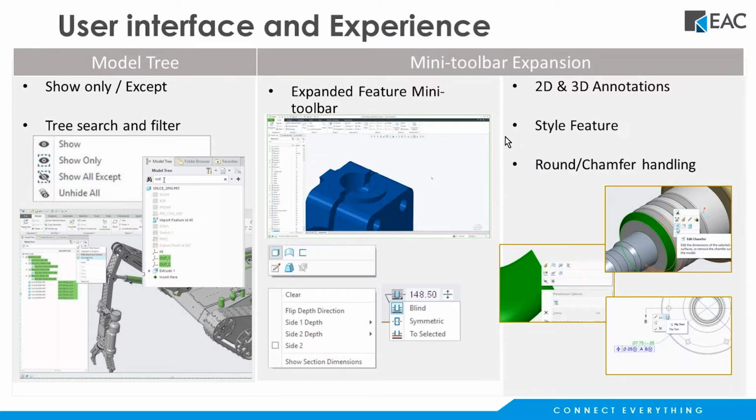Again, that's applied to 2D and 3D annotations, to the style feature, and also to rounds and chamfers. So we'll see that we have extra capabilities right at our mouse tip to make modifications to those features, as opposed to, like I said, going up to the toolbar. And again, it's to save on mouse travel and things like that.